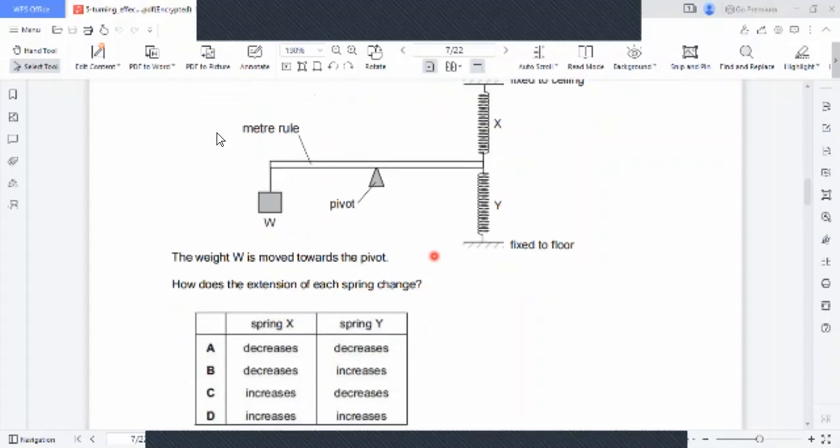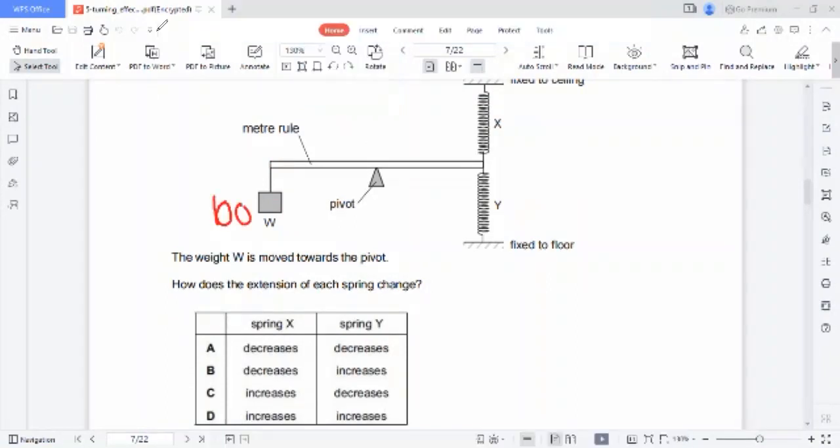So we can assume that the weight is 100, and this distance is also 100. If the weight is here, the weight would come here, here, here. The weight is not going to change along this.